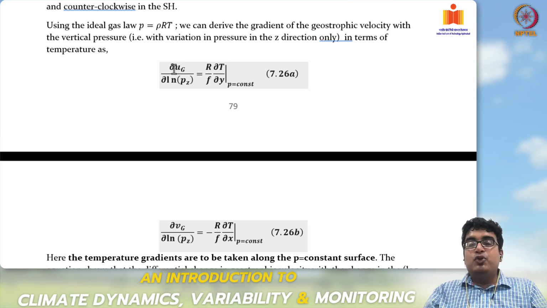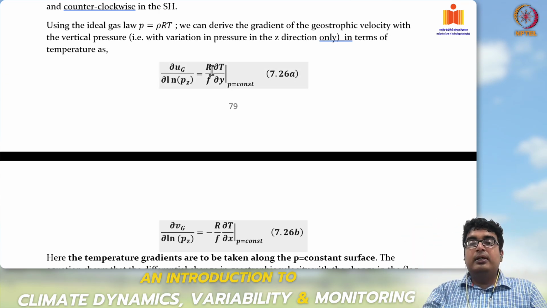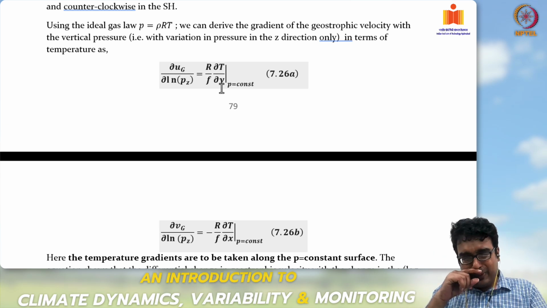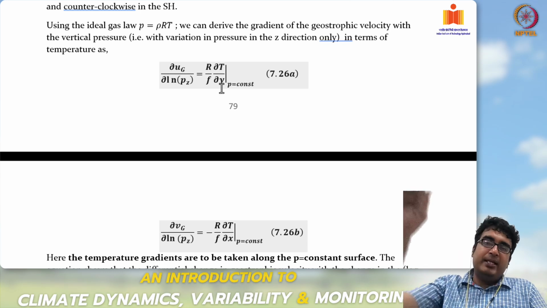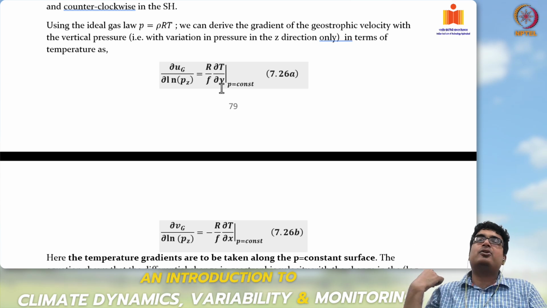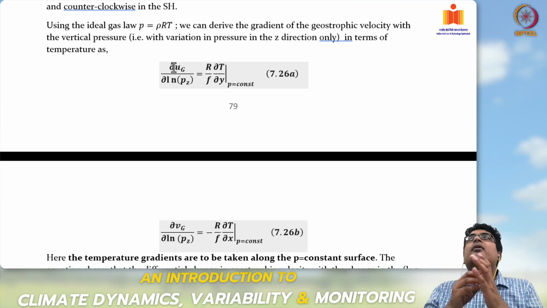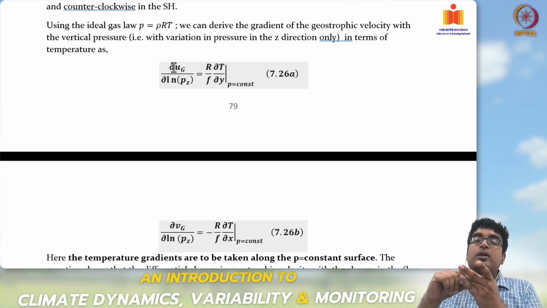The gradient of the zonal geostrophic velocity with respect to the log of the vertical component of pressure is equal to the gas constant for air R divided by the Coriolis force parameter F, into the gradient of temperature in the meridional direction along a constant pressure surface.